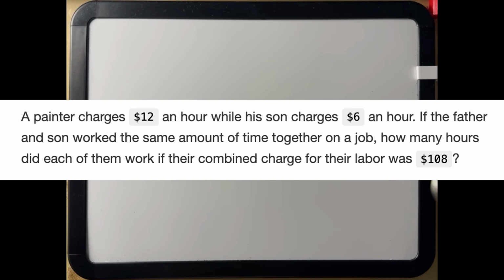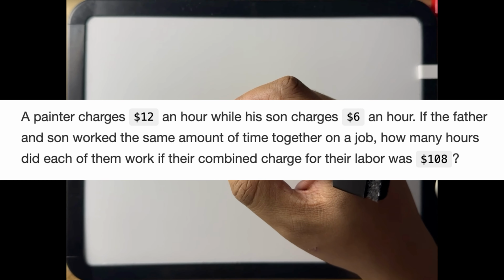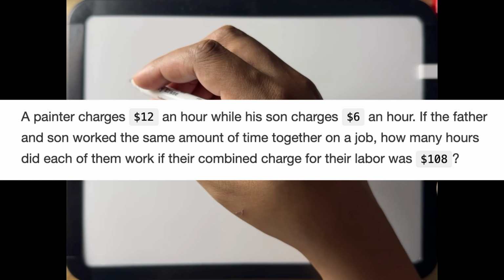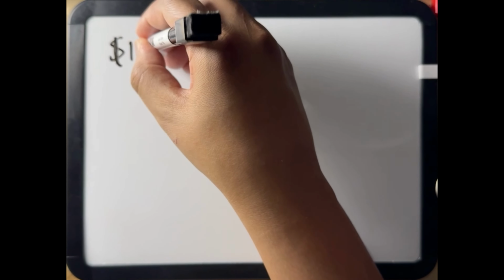Example 3. Multi-step word problem. A painter charges $12 an hour while his son charges $6 an hour. If the father and son work the same amount of time together on the job, how many hours did each of them work if their combined charge for their labor was $108? Okay, let's break this problem down step by step. The painter charges $12 per hour. So let's note that.